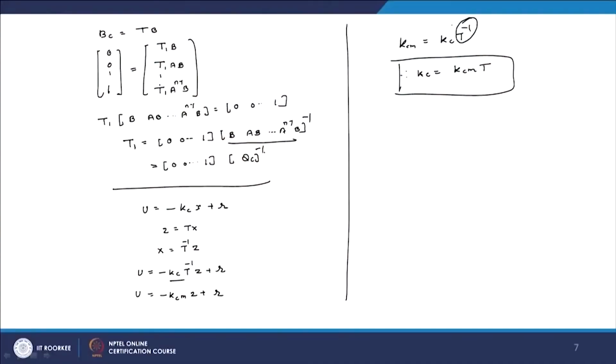That part is taken care of by this T inverse. Therefore the final controller is Kc equals Kcm into T. So Kcm comes from the comparison with the companion form, and T is the transformation matrix which gives you the final controller Kc.